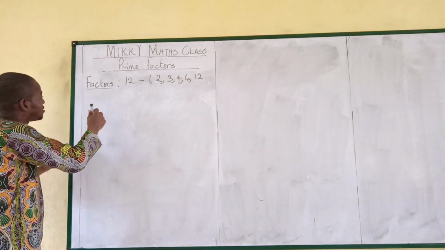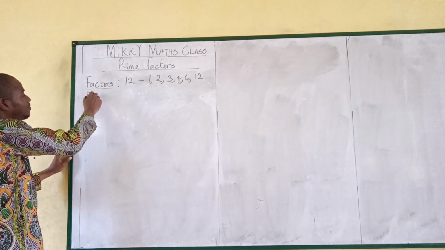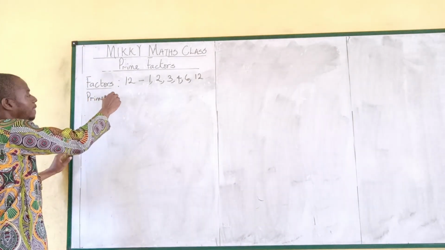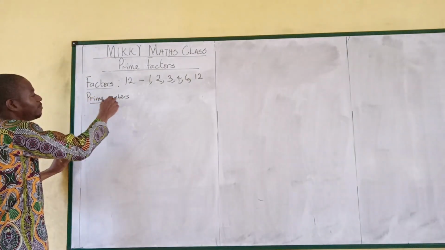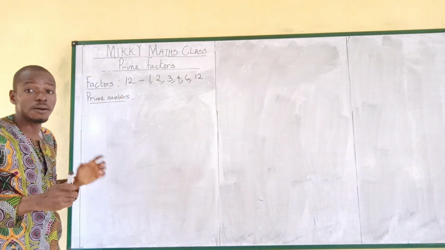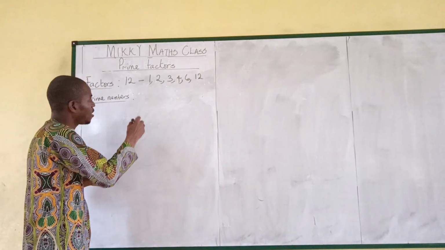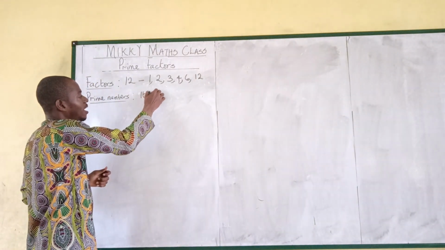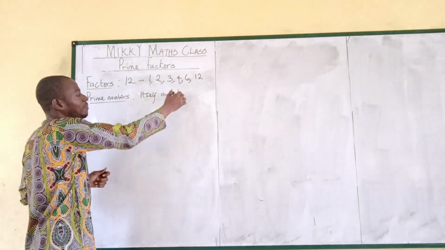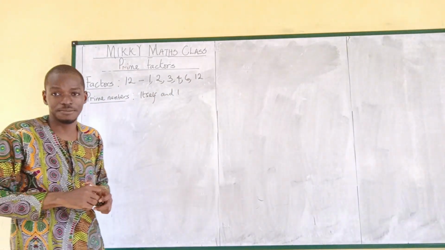That leads us to the next thing, prime numbers. Prime numbers are numbers that have just 2 factors, itself and 1. That means no other number can divide them.